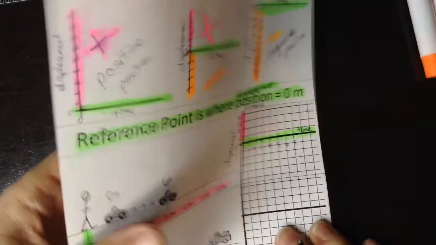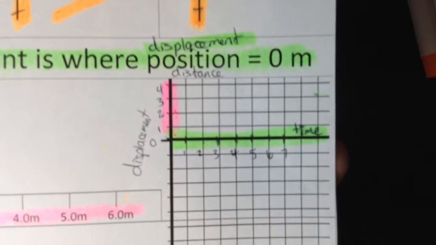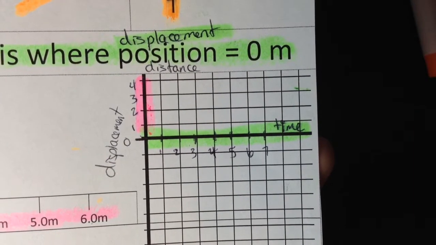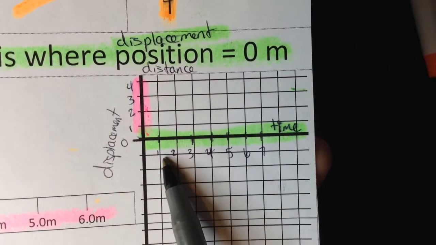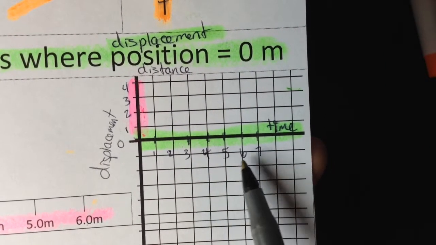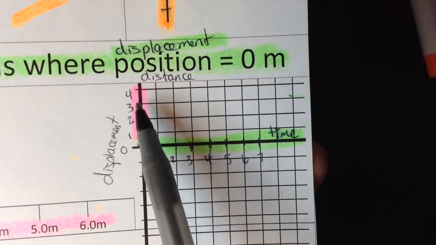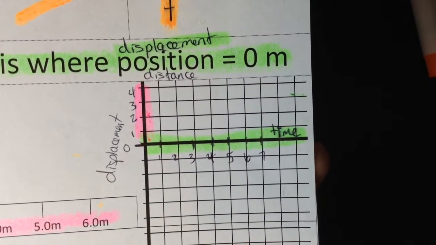Okay? Let me give you a close-up here of my graph and how it's looking. Okay? So 1 second, 2 second, 3 second, 4 second, 5, 6, 7 seconds. And then displacement, positives 1, 2, 3, 4 going up.